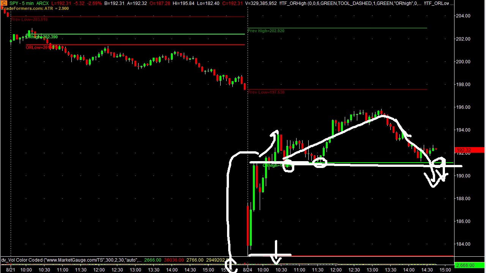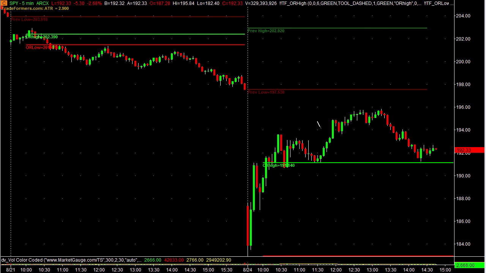When the market decides it's going to turn around, there's a very good chance that you will have an opportunity to try and be a buyer against the opening range low, where you're also above the previous day's low. It's going to probably take some patience. It doesn't happen all the time, but it's a much safer bet than trying to buy near the opening range low, where you're below the prior day's low.